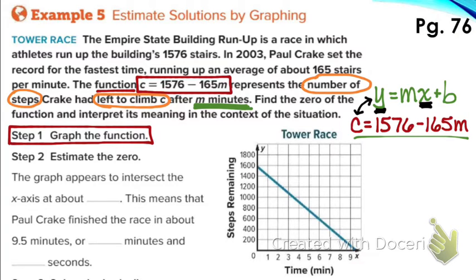So this is what they're using instead of y, a c. But where's m? It's not right after the equal sign. When I look at their equation, where's the number that has a variable with it? At the end. This part right here. So when I'm looking at the way they wrote their equation, which part is my slope and which part is my y-intercept?